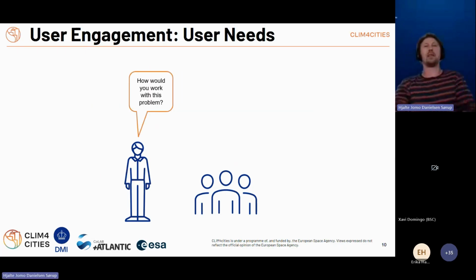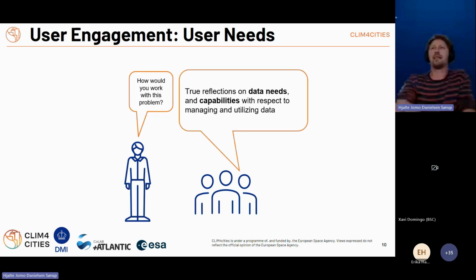Instead, we designed a process where we wanted to have people describe how they want to work with this problem in as much detail as they felt like. Because in that, they much better describe the actual data needs and their capabilities of actually using data, in respect to what resolution could actually be used in practice, and what temporal resolution, or is it static maps or whatever.